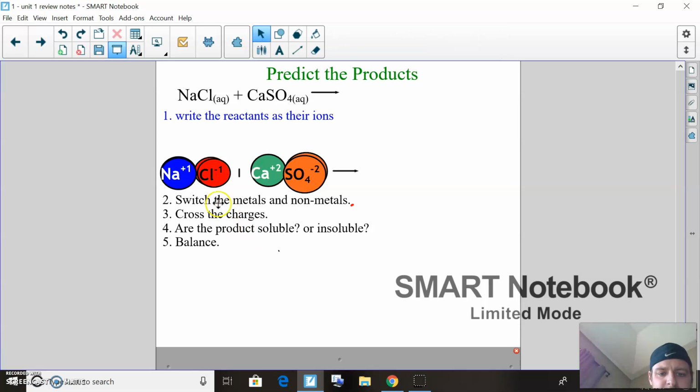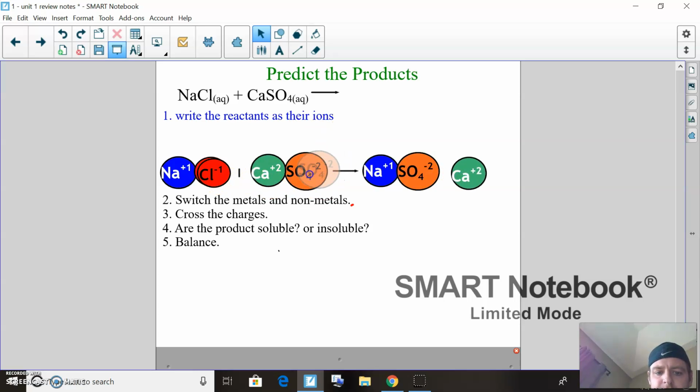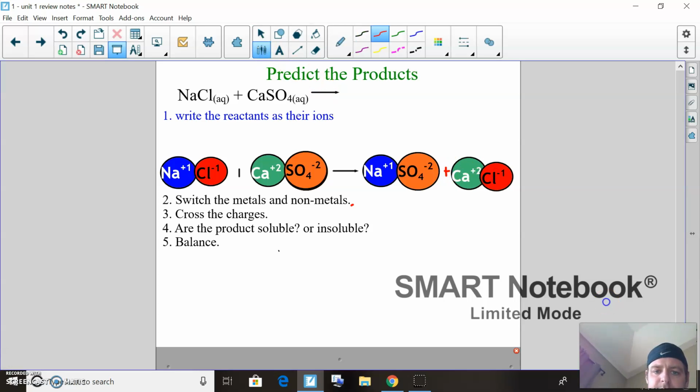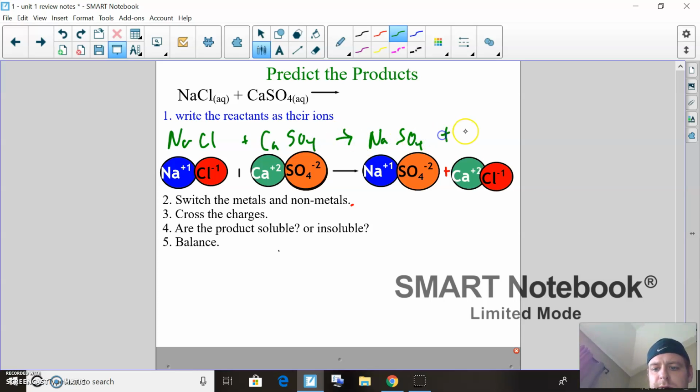So in this instance, I'm going to switch the positives: NaSO4 and then CaCl. The positives always come first. Okay, so I'm going to make sure the charges cancel out. After I write the charges here, so it's NaCl plus CaSO4 goes to NaSO4 plus CaCl.